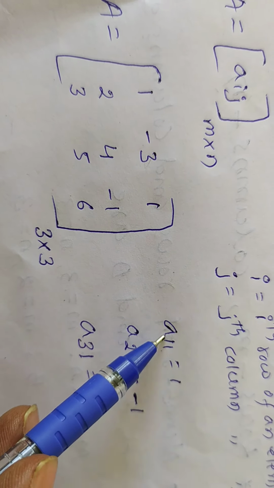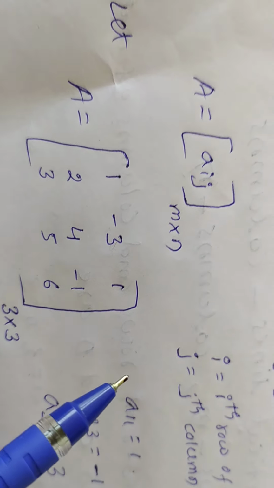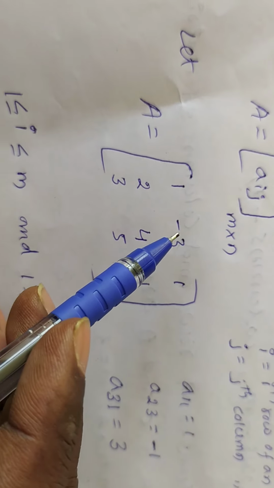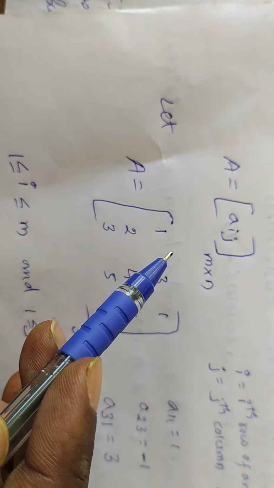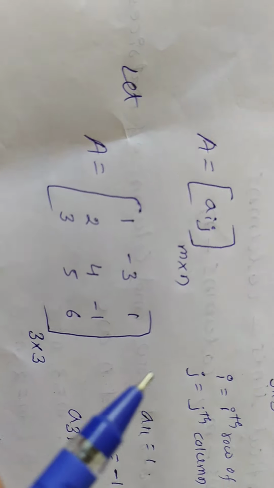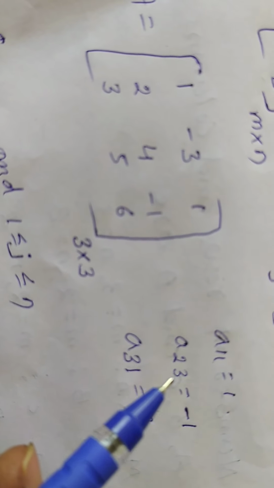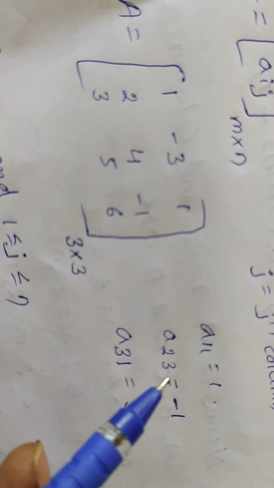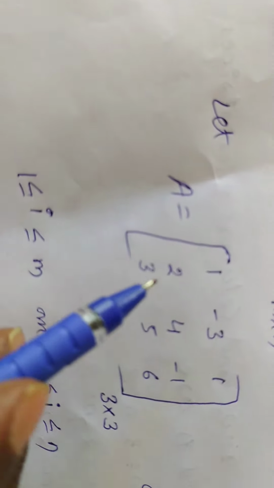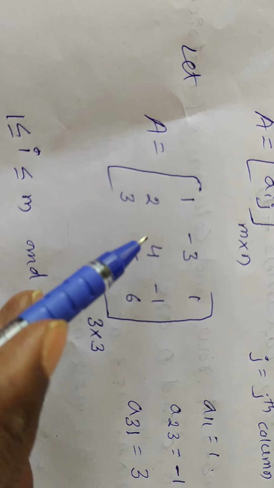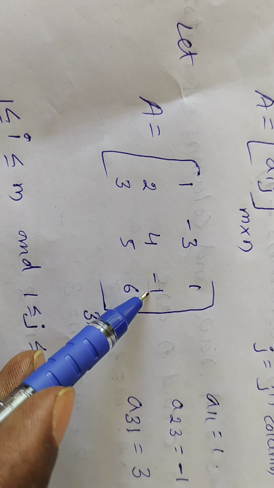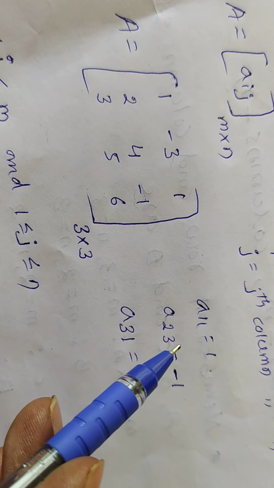The element belonging to first row and first column is 1. The element in second row, third column, i equals 2, j equals 3, is minus 1.